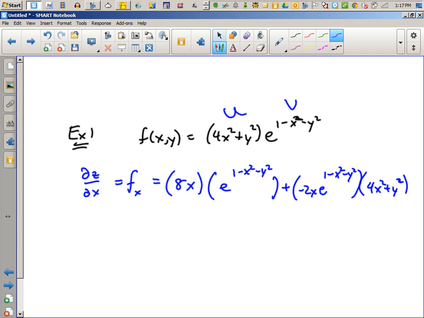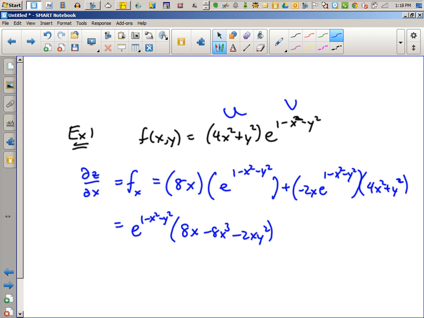And if I was just going to plug numbers into this, I'd leave it, but I do need to eventually take a second derivative. This is when I want to study the concavity. So I think I'm going to go ahead and factor it real quick. Let's pull out the e to the 1 minus x squared minus y squared. And you basically get 8x minus 8x cubed minus 2xy squared.